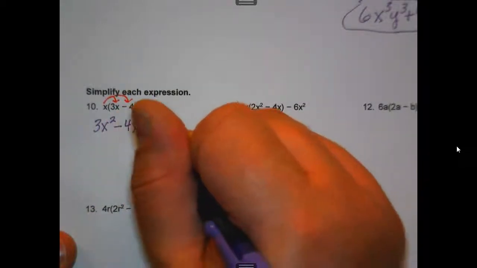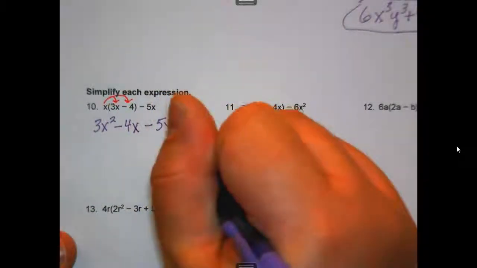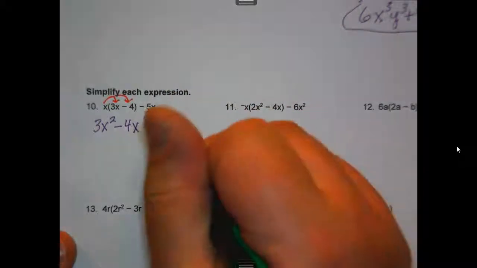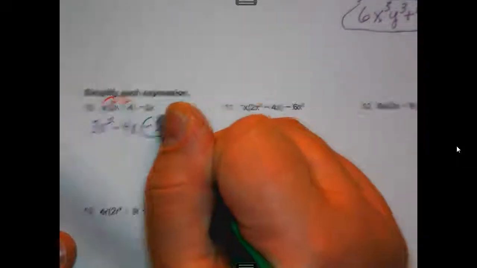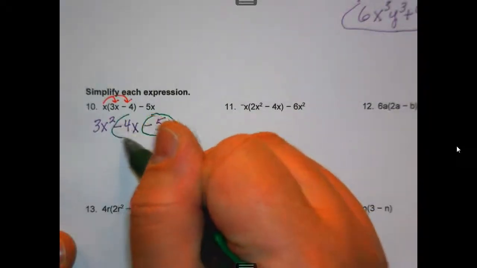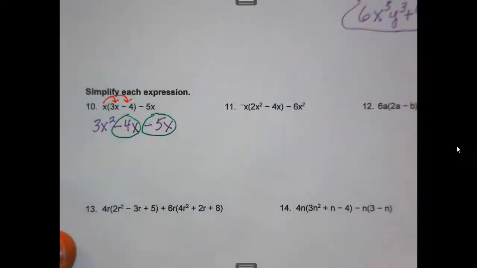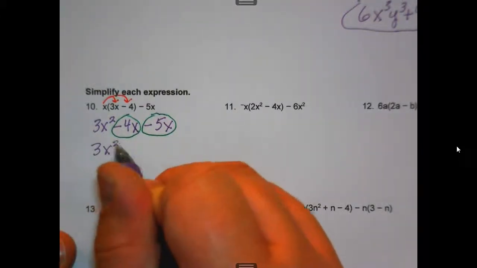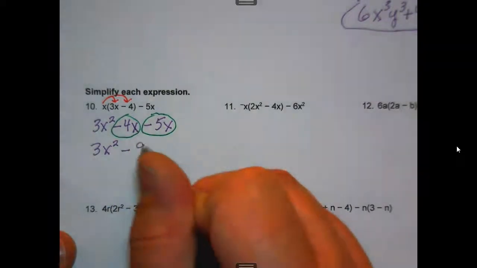Just bring that down. But we do end up with some terms to combine. Negative 5x, negative 4x, 3x squared minus 9x.